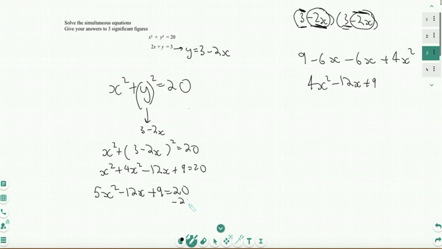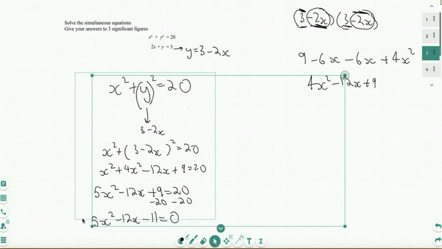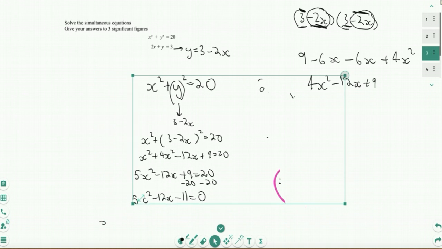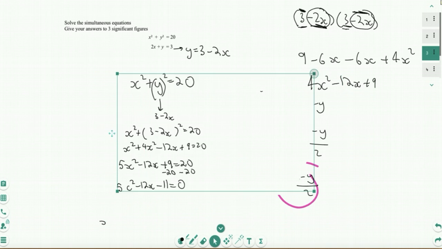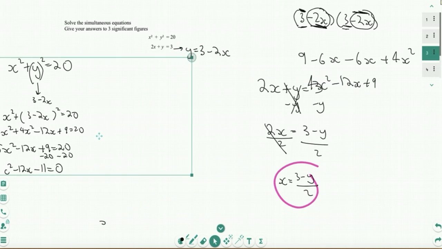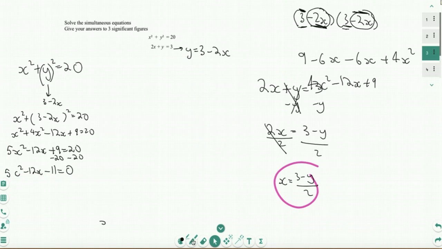So we're going to minus 20 on both sides. So we have 5x squared minus 12x plus 9 minus 20, which is minus 11, equals 0. Let's group this all together. Now, let's erase all this.